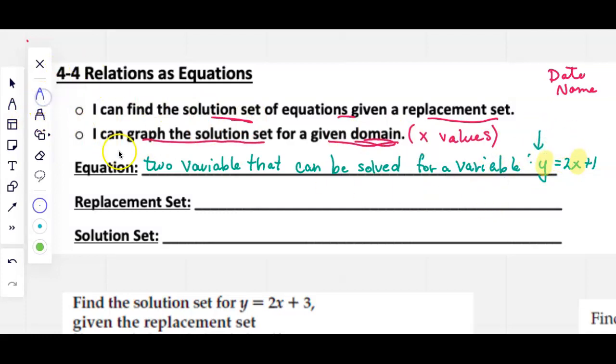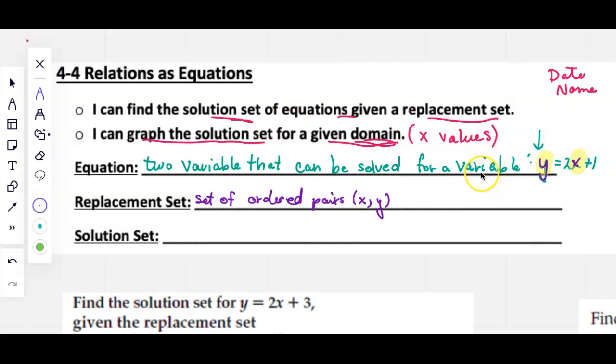All right, so our next part is our replacement set. The replacement set is a set of ordered pairs. And once again, we're going to go back to our 4-1 notes. Just remember, ordered pairs have two variables in them, x and y. And if you look up here, our equation has two variables, x and y.